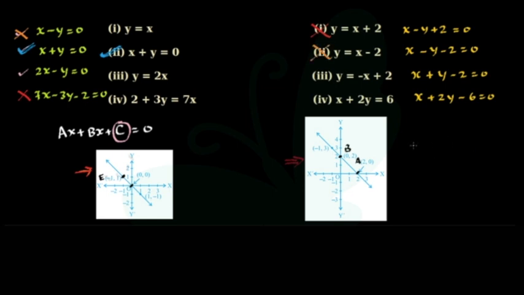For the third one here, testing against the B point, replacing x with 0 and y with 2. Okay, yes, we are getting 0 in the left hand part, which is equal to 0. What about the A point? Replacing x with 2 and y with 0.